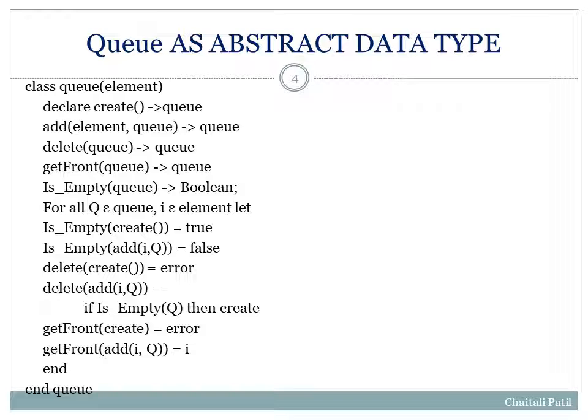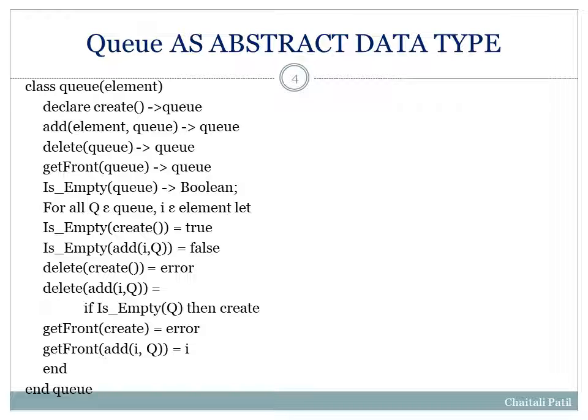Just as we have seen, create function will just declare a queue, it will not add the element. It means memory will be allocated for a queue, but we have not yet inserted any element in the queue, so the queue is empty, and that's why passing the create function to is empty will return true.